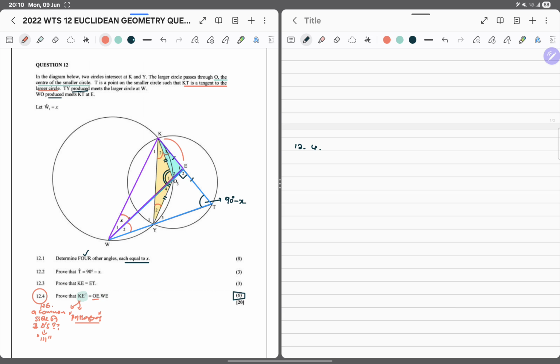OE, where is OE? OE is a portion of that small triangle over there. Okay, so KE and OE belong in that small triangle. We are definitely comparing those two triangles. WE, as you can see as well, is over here.